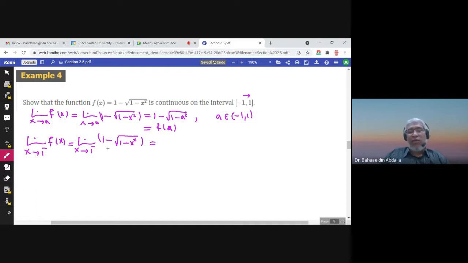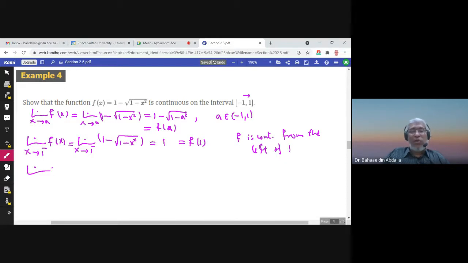To find the limit, you replace x by 1. 1 minus 1 is 0, so it's 1, which is f of 1. So f is continuous from the left of 1.